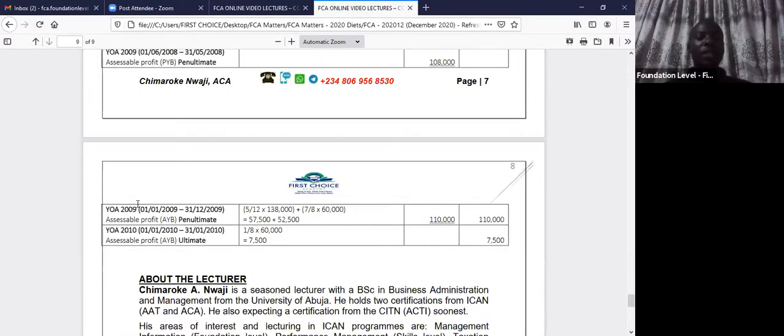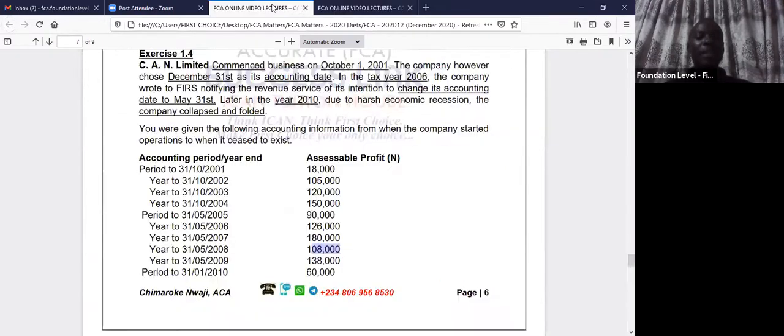Actual year basis. January 1, 2009 to December 31st. So where can we find January 1, 2009? Just here. So from January to May is 5 months. We are taking this 5 months period out of 12. Where do we get the remaining 7 months? From here. So from June to December is 7 months.